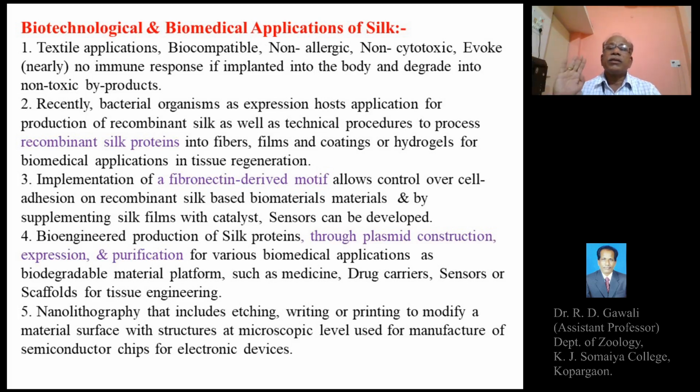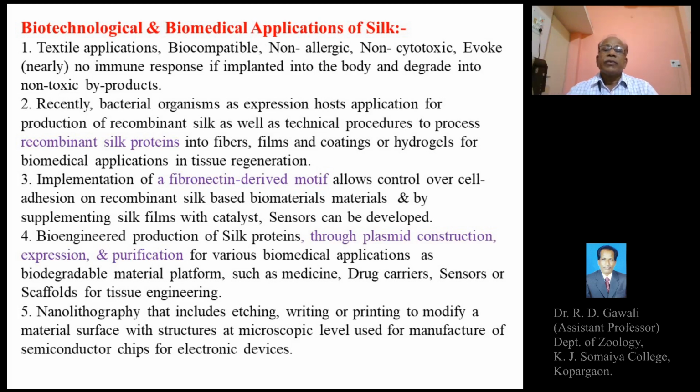into non-toxic byproducts. So, these are some of the important properties of silk, due to which we can use silk for biomedical purposes or biomedical applications together with biotechnological aspects.